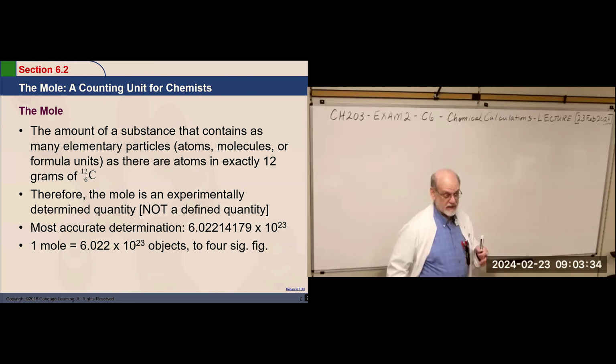It could be atoms. It could be ions. It could be molecules. It could be formula units. Right? For an ionic compound, it wouldn't be a molecule. It would be a formula unit.